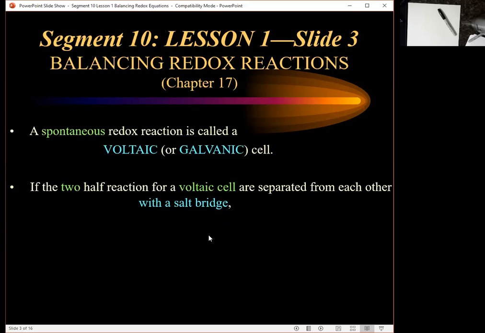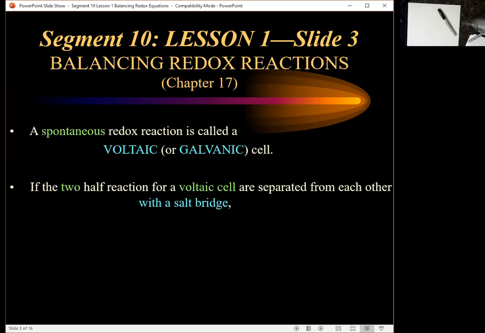If you had one of the reactions in one beaker and the other reaction in the other beaker, and you put two electrodes in, nothing's going to happen because you don't have the circuit completed. But if you take a piece of filter paper and soak it in salt water to make it conductive, and then hang it in the solution in one beaker and into the solution in the other beaker, you have a pathway for charge to go through that salt bridge.